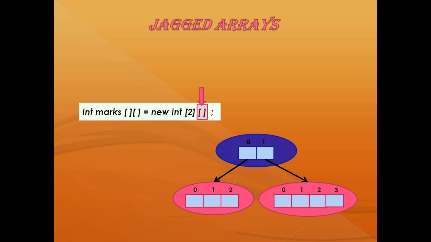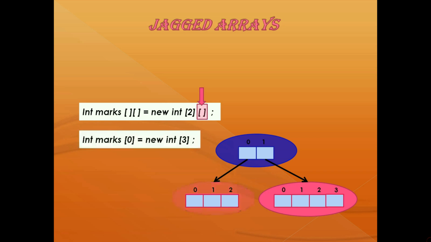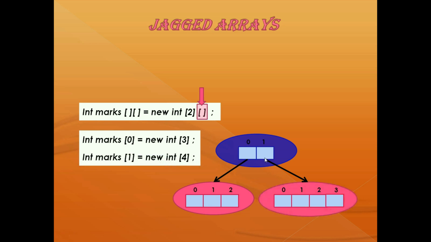And you need to mention that marks of 0 will have an array of size 3, whereas marks of 1 will have an array size of 4. So this is how you can declare different arrays with different lengths for a child level.